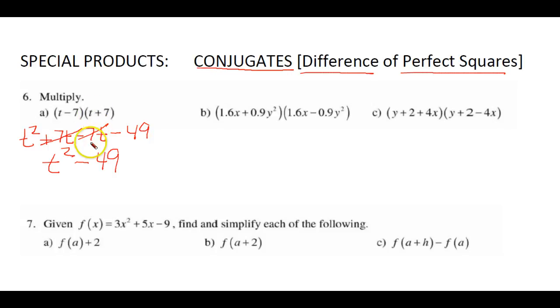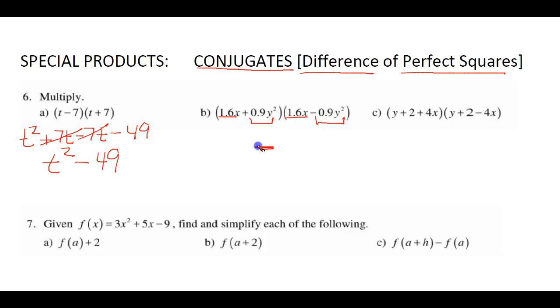And the answer is yes. If you recognize that these are conjugates, this one's a little different here. We'll get to that shortly. These are conjugates here. There's going to be no middle terms. It'll just be this times this and this times that.